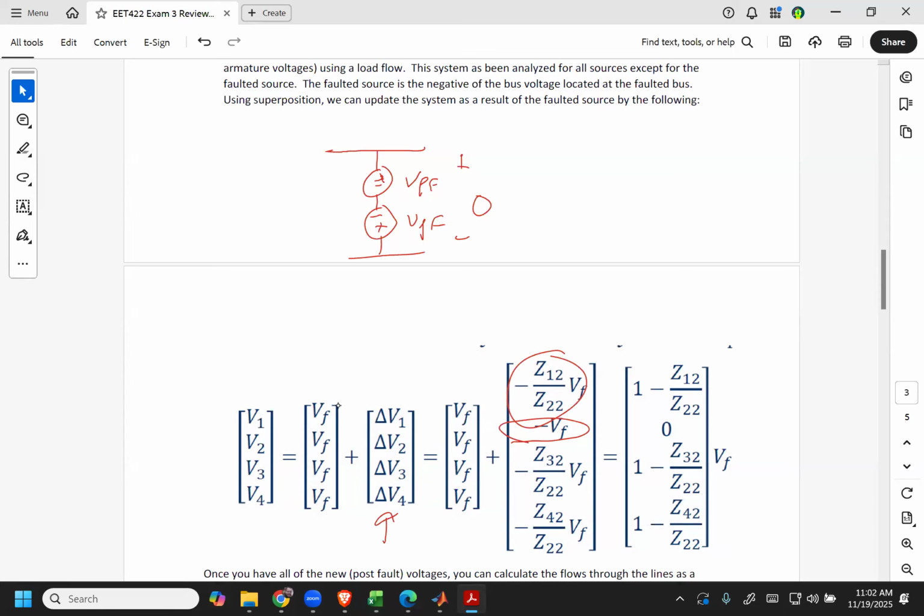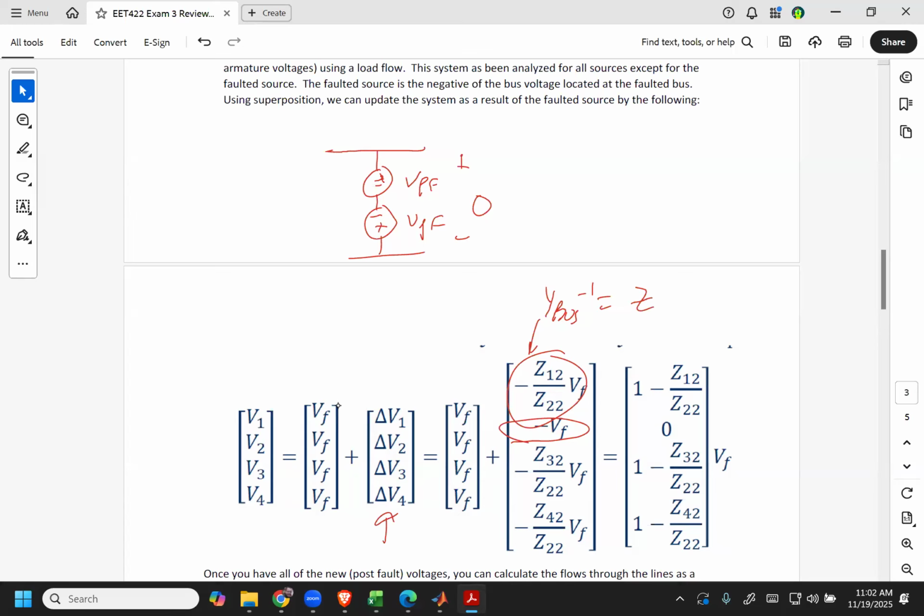But the actual impact on voltage at the other buses can be found by using Z12. These Z values you get from inverting Y bus to get our Z. So by simply adding that superposition voltage, we get really simple, easy adjustments, and now we can get all the changes in voltages.